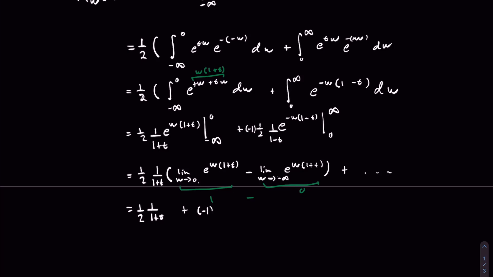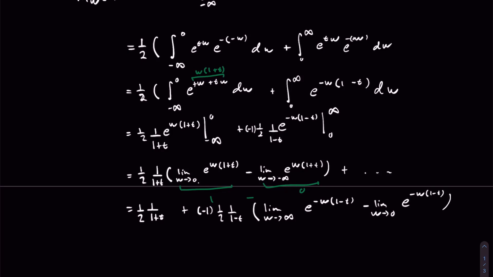There's a minus 1, this minus 1 here, half, 1 minus t, and we're doing the same thing with the limit, where w is going towards infinity in the expression e to the minus w 1 minus t, and then minus the limit again, where w goes towards 0, and that is e to the minus w 1 minus t.